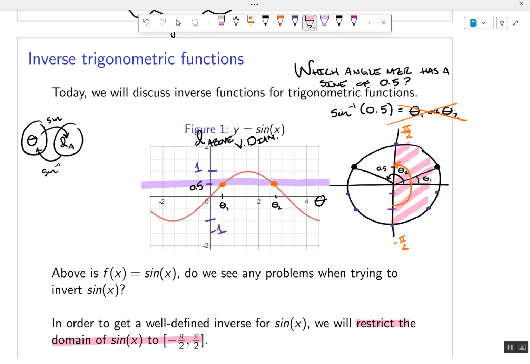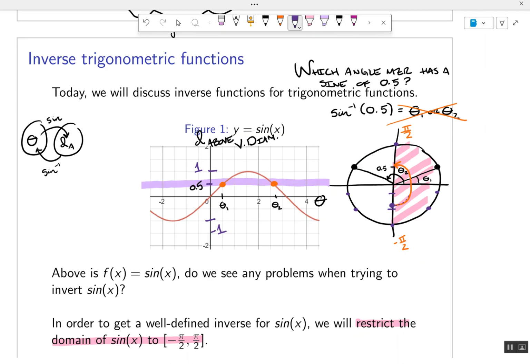The reason we do that is because from negative pi halves to pi halves, we get every single possible distance from the horizontal diameter without repeating. So as I start my rotation down here and go along, we can see that we get -1, right?